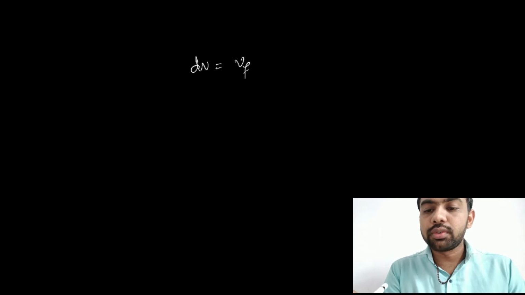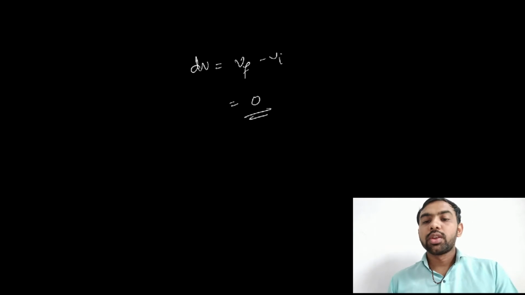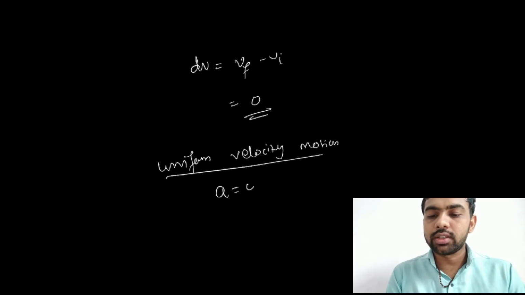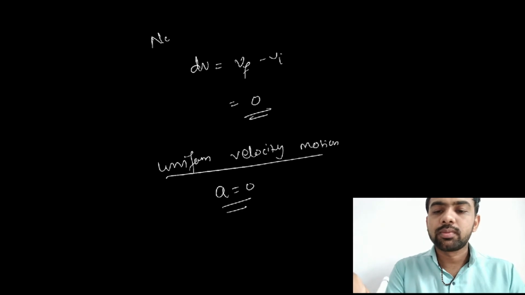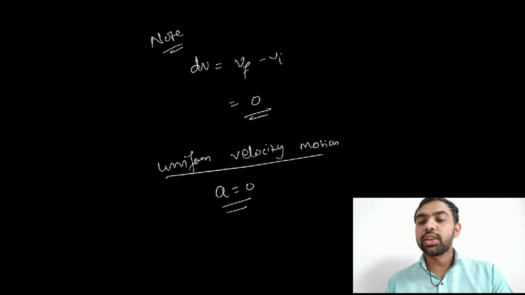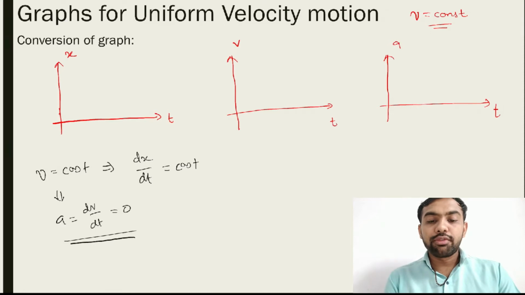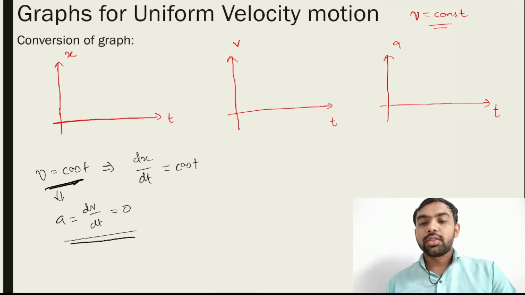What is dv? dv is equal to v final minus v initial. If v is constant, then v final and v initial are both the same, so the answer is 0. So when uniform velocity motion is considered, acceleration is 0.